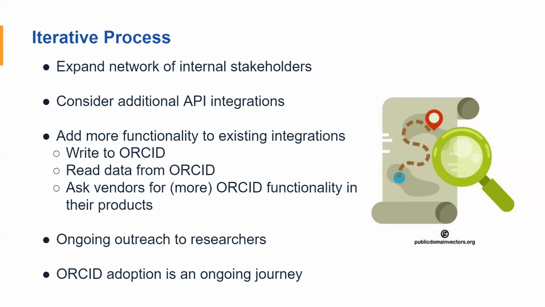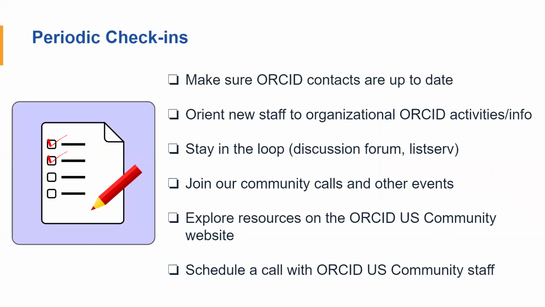It's never too early or too late to make sure researchers know what ORCID is, get their ORCID IDs, and make sure they have their ORCID records populated with information. So that is always a next step. And just know that ORCID adoption is an ongoing journey. Some organizations are further along on this journey than others, but we're all on the same path, taking next steps forward and moving in the right direction.